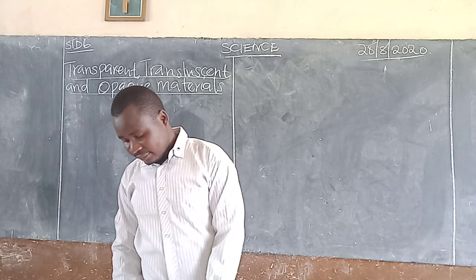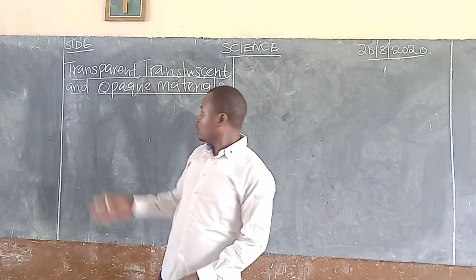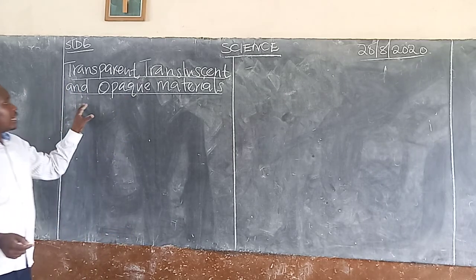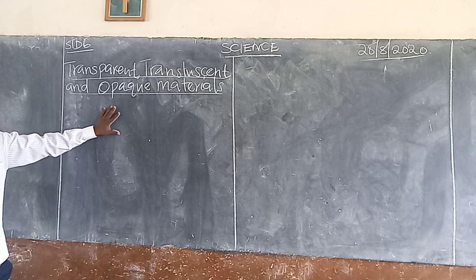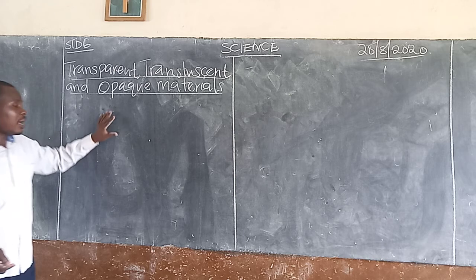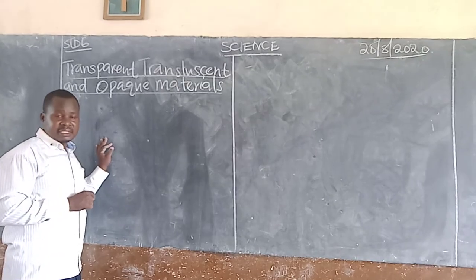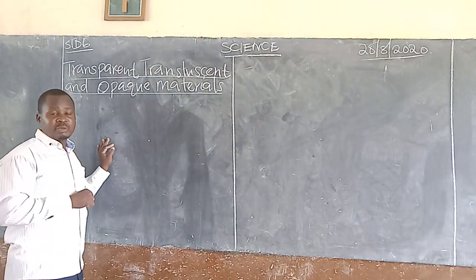Having said that, let us continue to transparent, translucent, and opaque materials. Here we will see how materials behave with light, or how light behaves with materials.